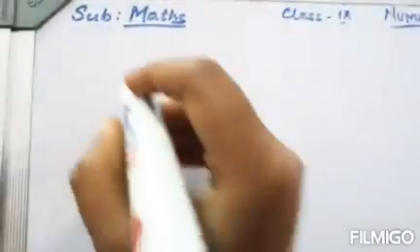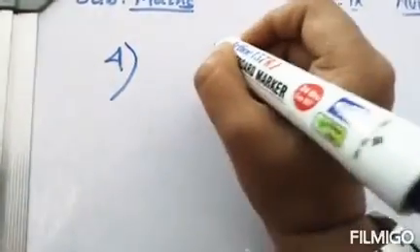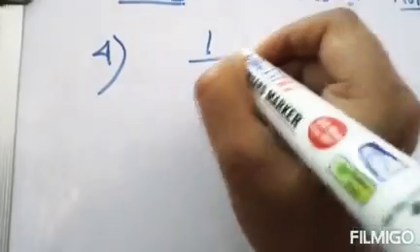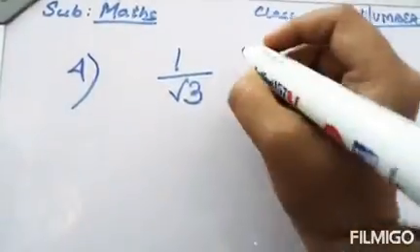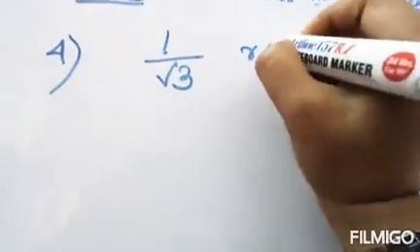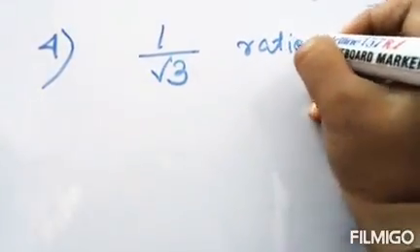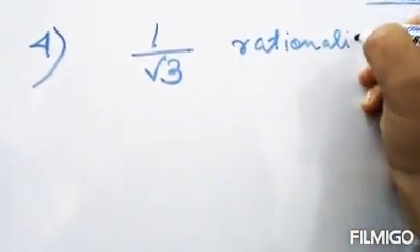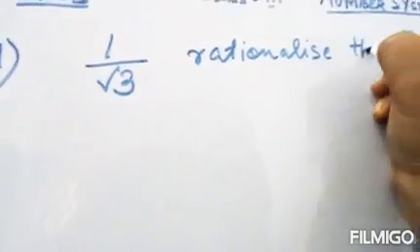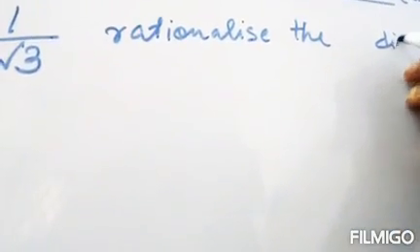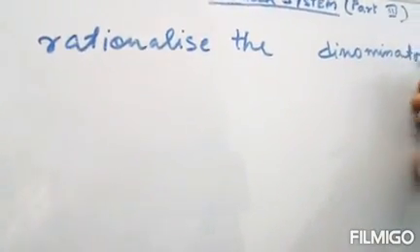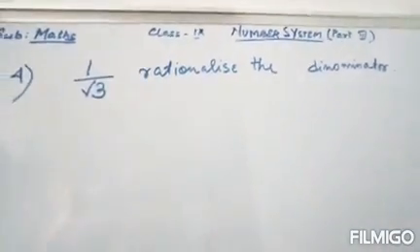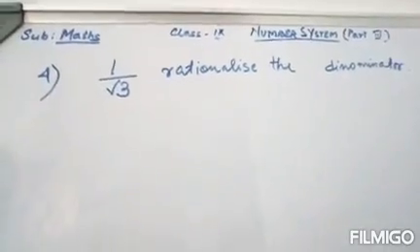Now next, if I am given one number like 1 by root 3 and I am told to rationalize the denominator. Rationalize means what?